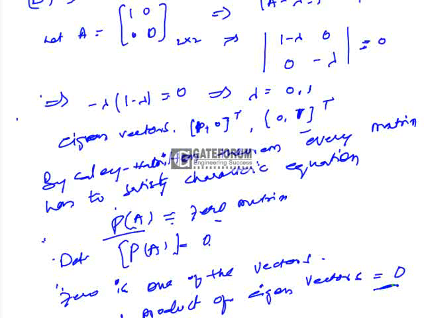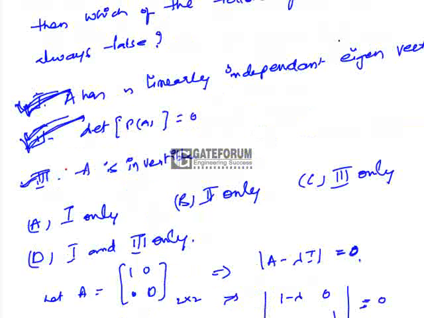Product of eigenvalues is nothing but the determinant of the matrix. So the determinant of the matrix is always 0 in this case. If the determinant of the matrix is 0, we cannot find an inverse for that matrix. So statement 3, A is invertible, is always false. So here the correct option is option C.